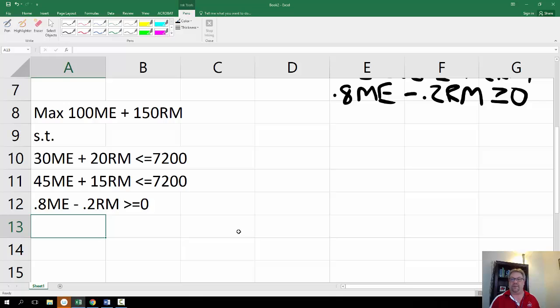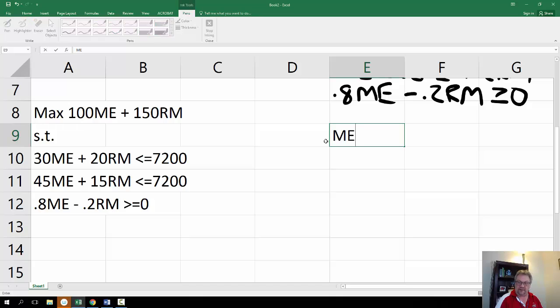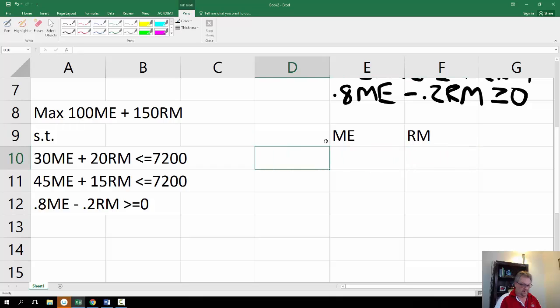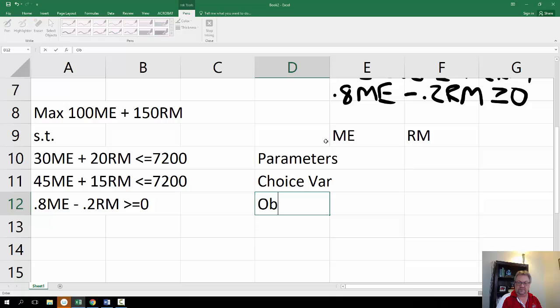So here is my problem. So now I'm ready to solve this. So I'll put it over here. So here is Mount Everest. Here's Rocky Mountain. Right, here are my parameters, choice variables, objective function.